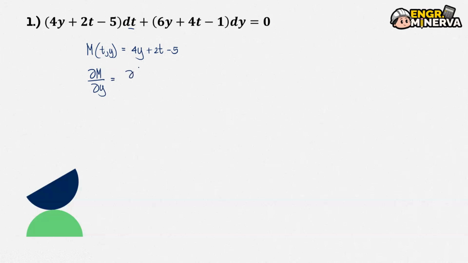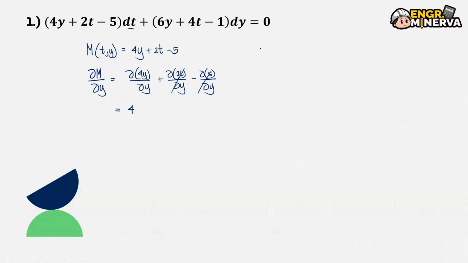So that would be the derivative of 4y with respect to y, plus the derivative of 2t with respect to y, minus the derivative of 5 with respect to y. This would be 0 because the other variable is treated as a constant. So our partial derivative would be 4.